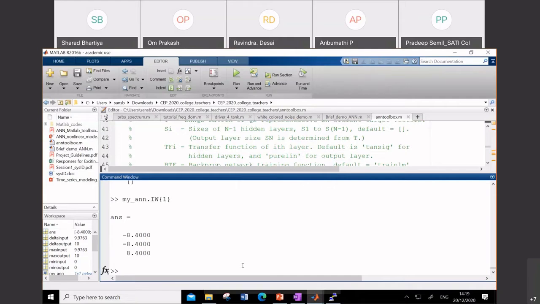Okay. So because there were 3 neurons, there are 3 initial weights from P, that X value, to neuron 1, neuron 2, neuron 3. Okay. I can see what are my layer weights.